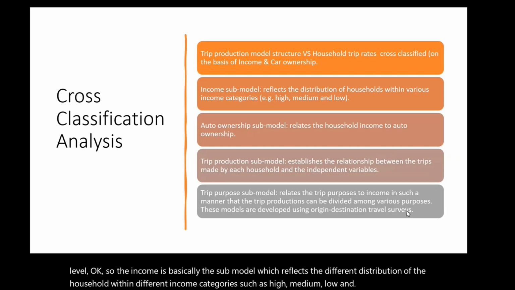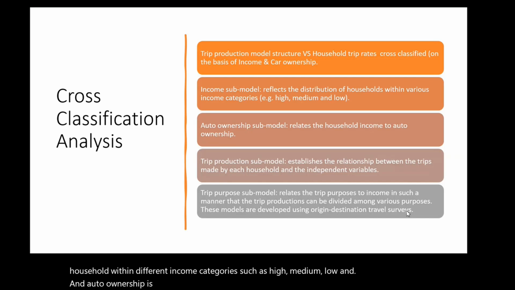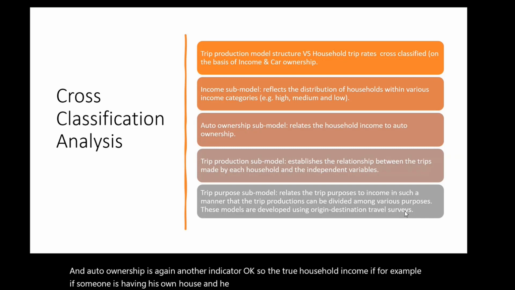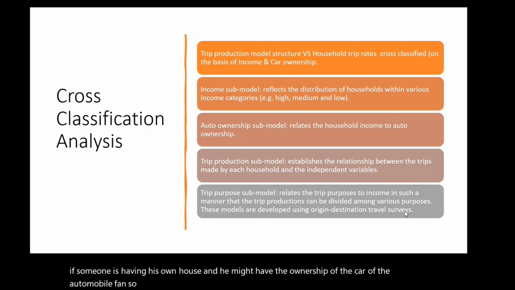And auto ownership is another indicator. If someone owns his own house, he might have ownership of a car, an automobile, as well. That means he is in a high income category. Those people will mainly be dependent on their own auto, on their own car.